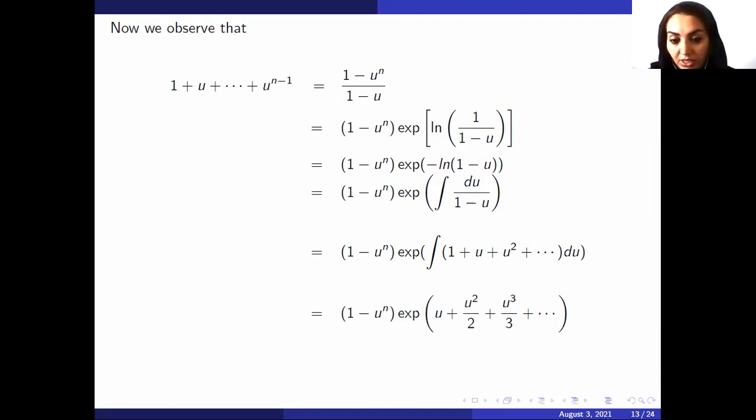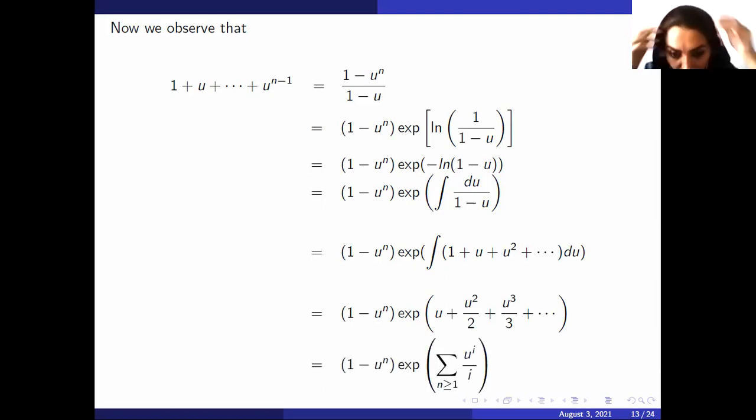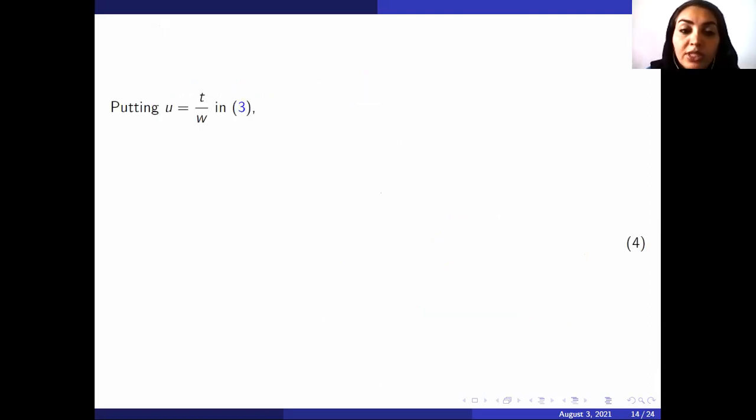What we have is u plus u2 over 2, u3 over 3, and so on. You can summarize this parenthesis by this summation. And now, instead of u, you just put T over W in the formula 3.